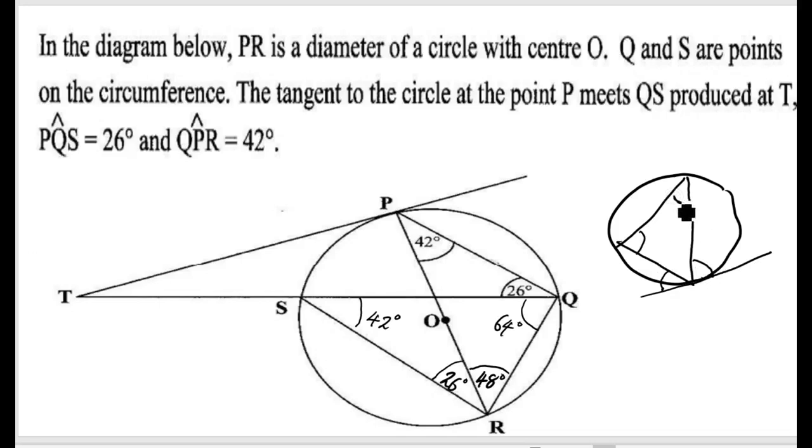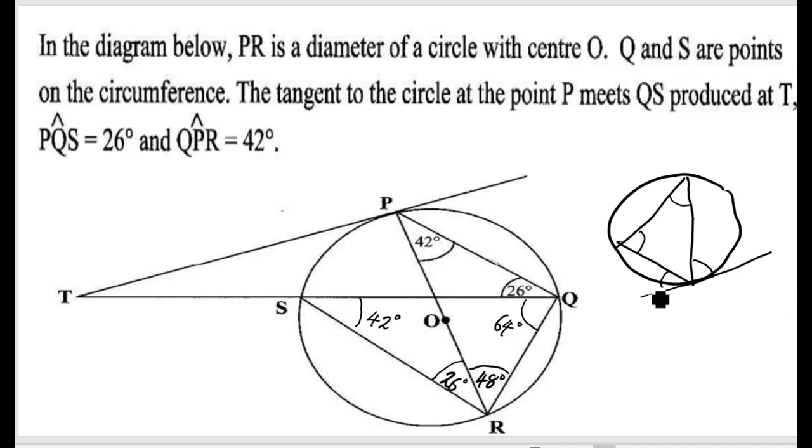In short, how easily you can look at this is: this angle is looking at this angle, meaning they are equal. This angle is also looking at this angle, meaning they are equal. Only and only if there is a tangent and one point of the triangle touches the tangent.